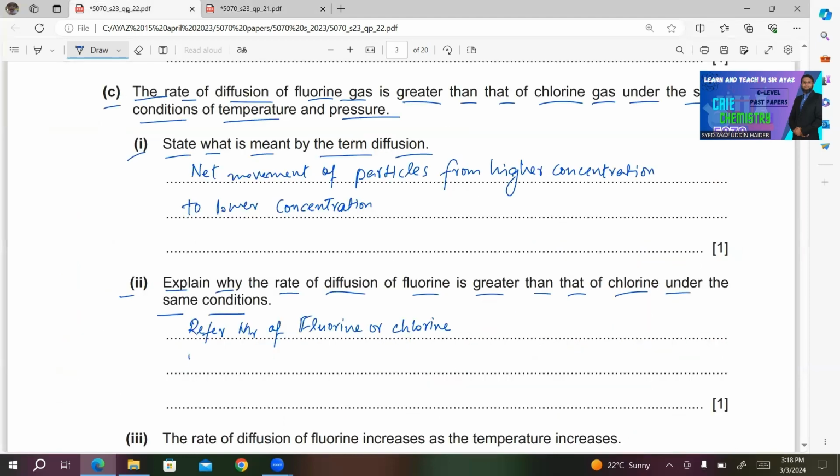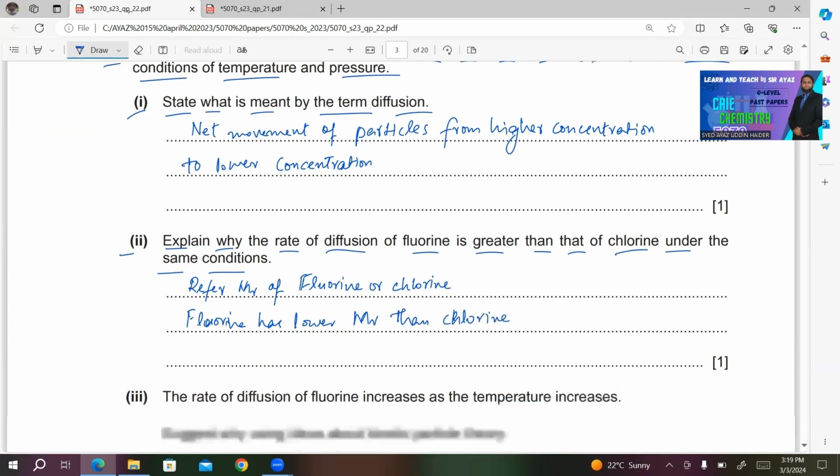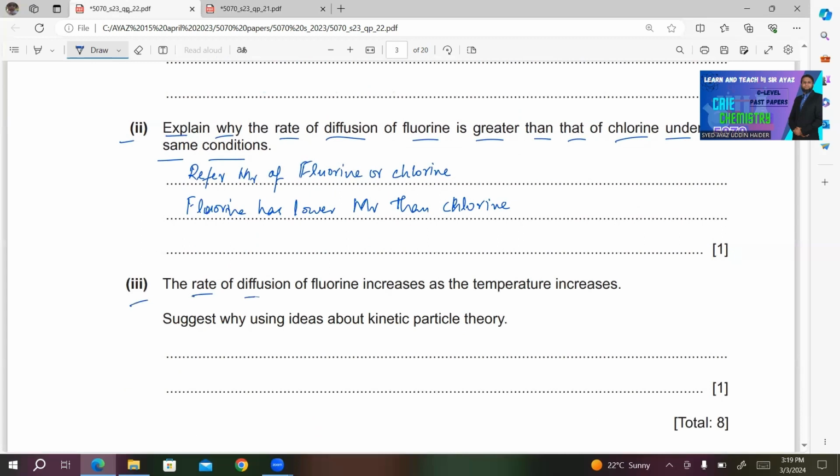So you write fluorine has lower MR or relative molecular mass than chlorine. Number 3, the rate of diffusion of fluorine increases as the temperature increases.